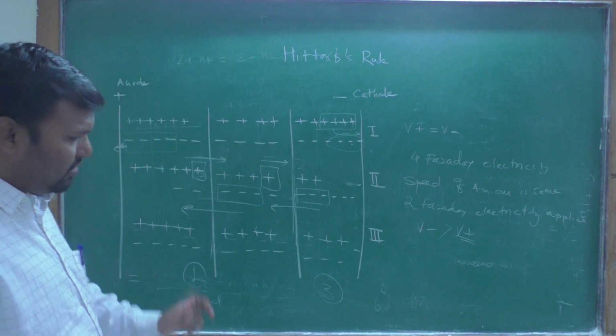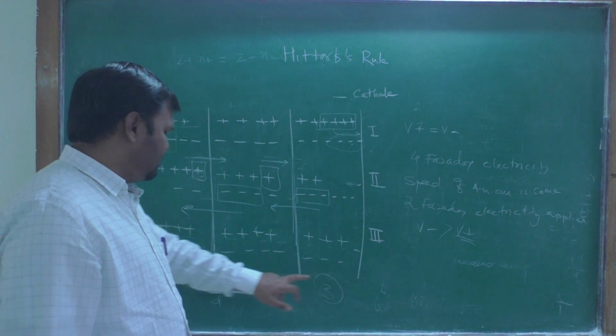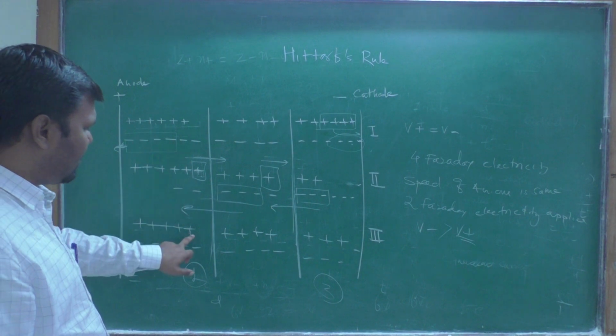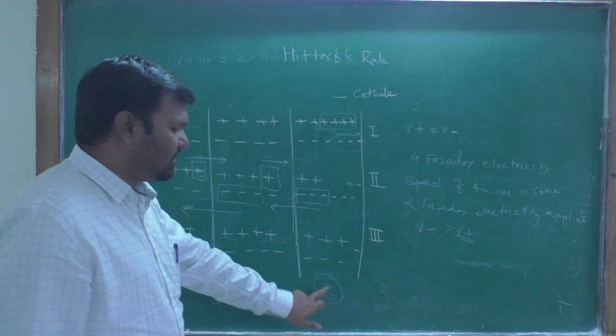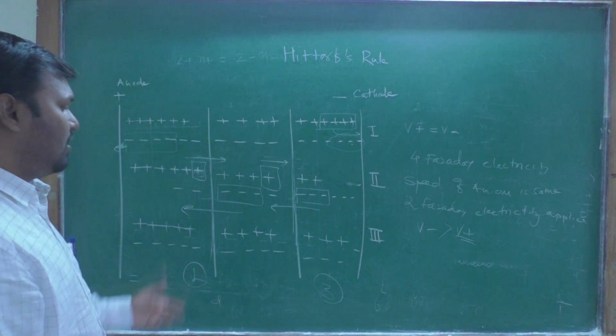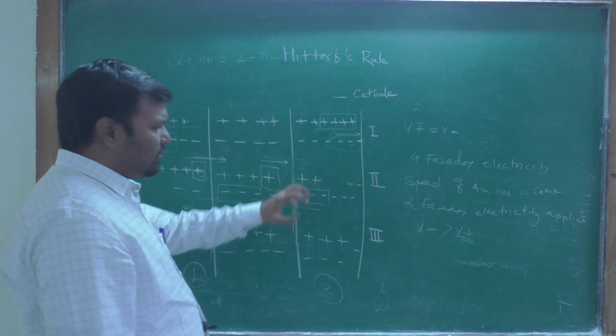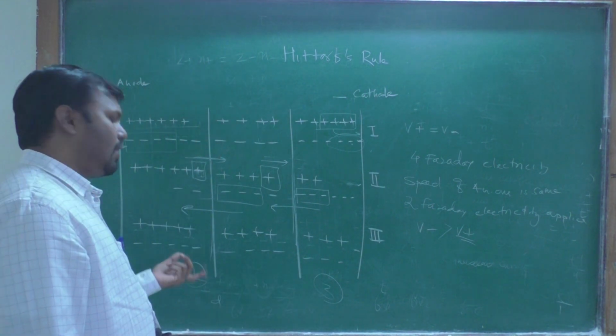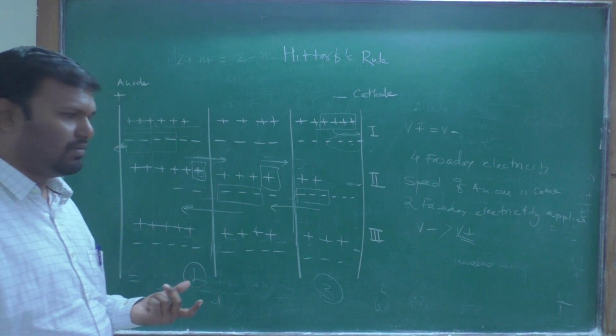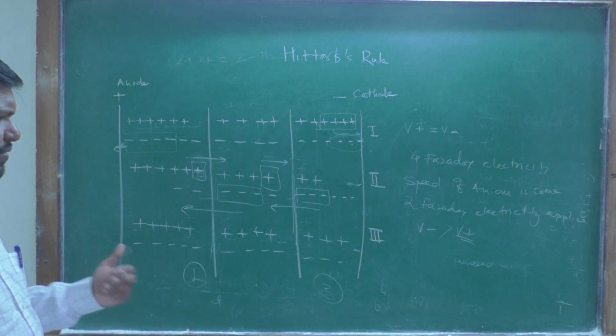Therefore the change in the anion is 3. At first it was 6, after that 5 positive are there, so 1 positive is changed, and in this case 3 negative are changed. Therefore the change in anion in the cathodic compartment is 3 times more than the change in the cation in the anodic compartment. Okay, that way we prove that.